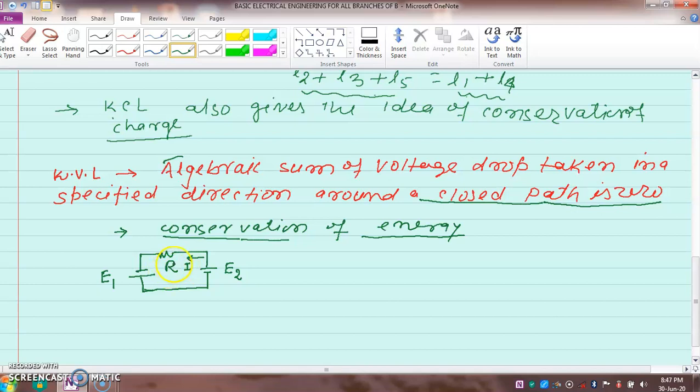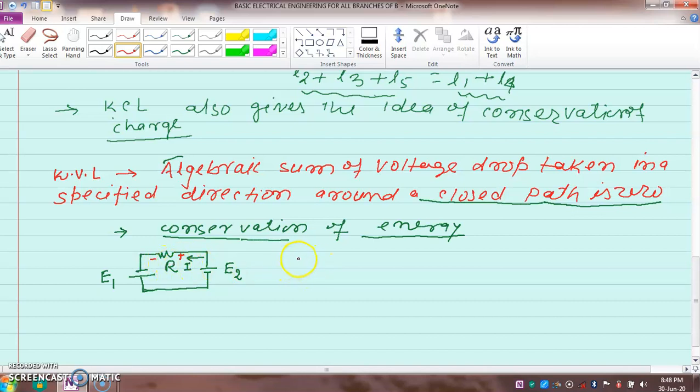In the case of a resistance, the place where current enters, positive will be here and negative will be here. This is a fixed rule. If current is entering a resistance, positive will be at the entry and negative at the exit. So if you go from here to here, you have to write the voltage drop, and voltage is nothing but current multiplied by the resistance.